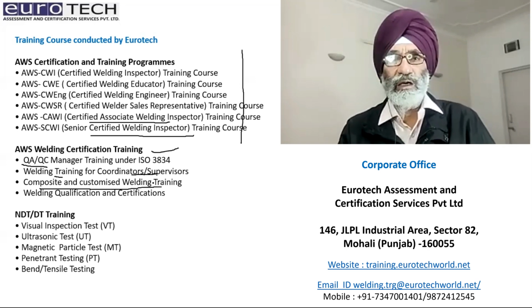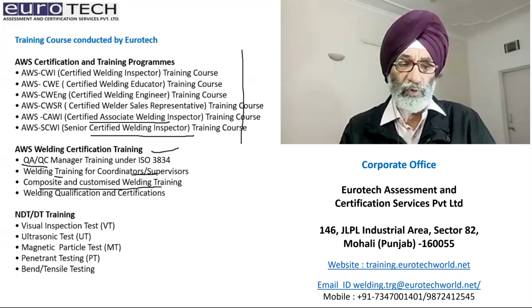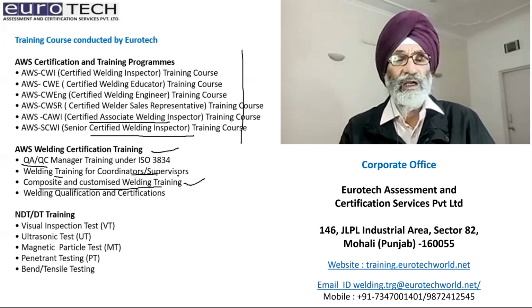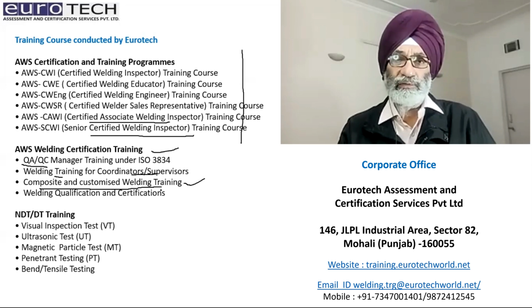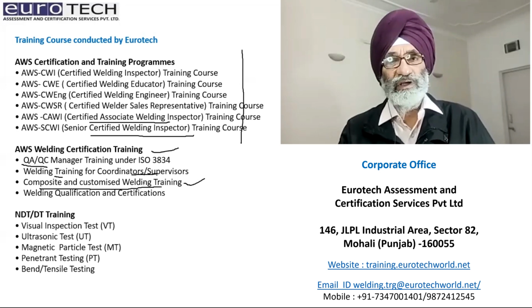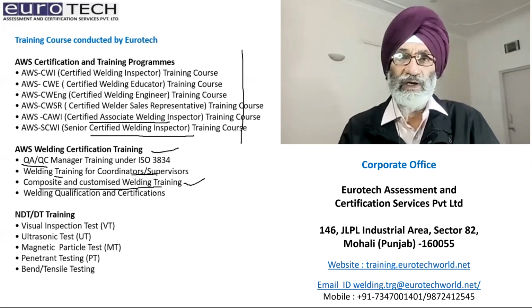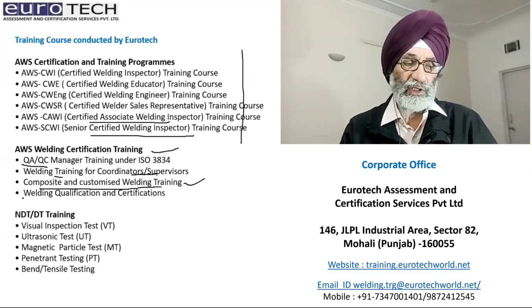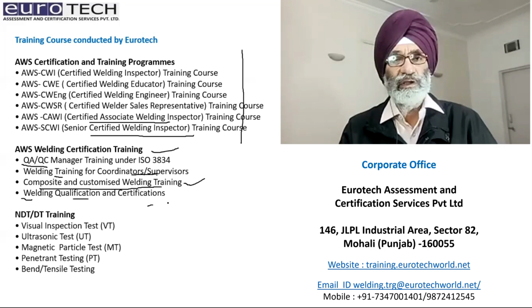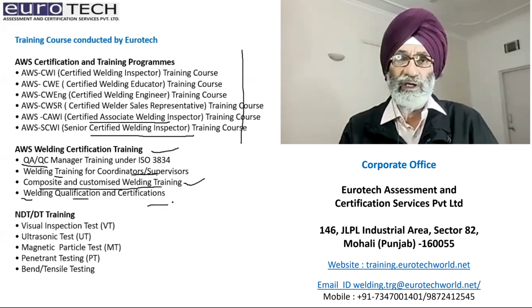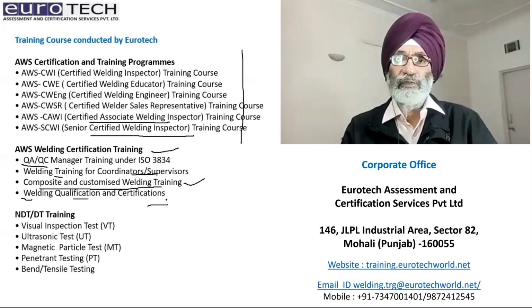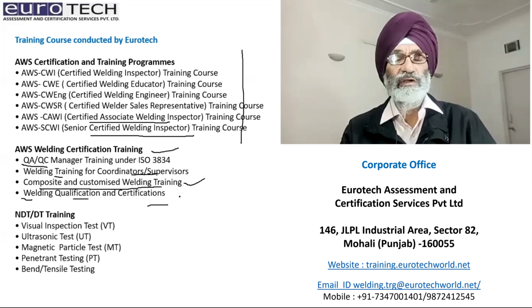These are basically corporate and large companies who want to get their welders approved and qualified. We issue them the certificate under the purview of American Welding Society. We also conduct the welding qualification and certification of the normal welders that seek to take the certification and qualification.